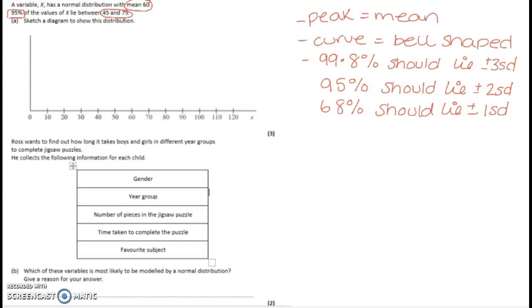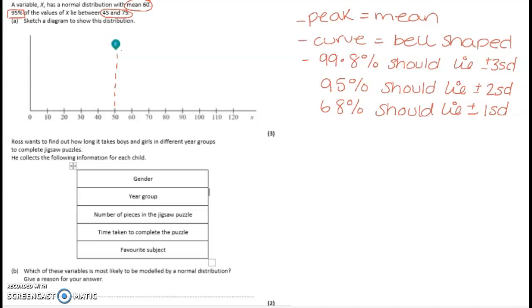That means that when I draw the curve, my peak is the mean. So my peak should be at 50. It says 95% of the data lies between 45. I've made a mistake already.